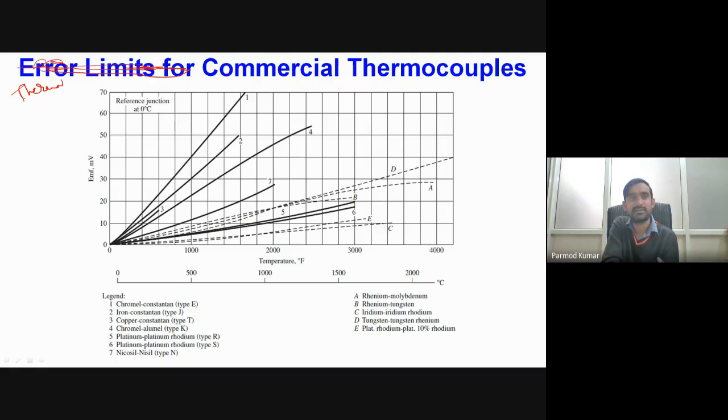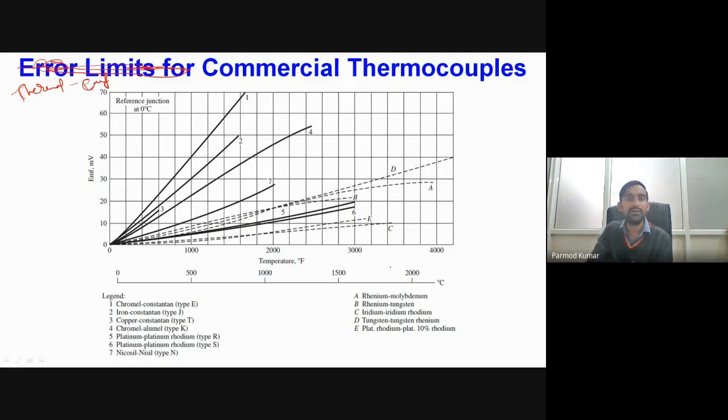Okay. So it is thermal EMF for commercial thermocouples. So whatever thermal EMF I presented earlier in the form of a table is now given in graphical form. You can see this EMF in millivolts is plotted along the ordinate, and along the abscissa we are having the value of temperature, and the scale of temperature is given in Fahrenheit as well as in degree Celsius.